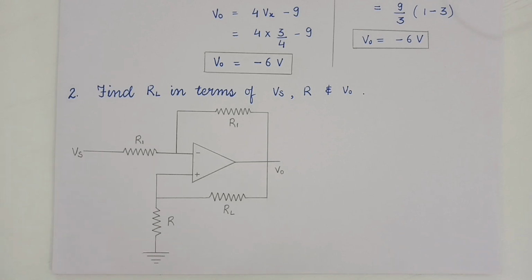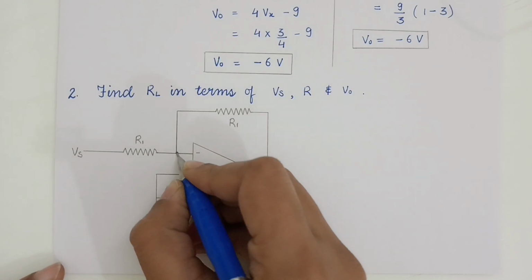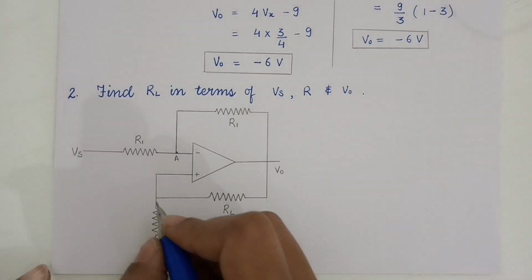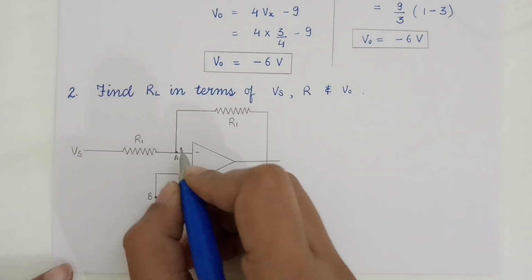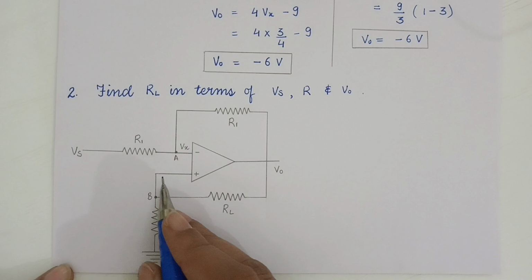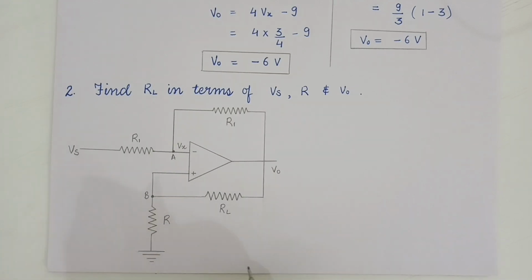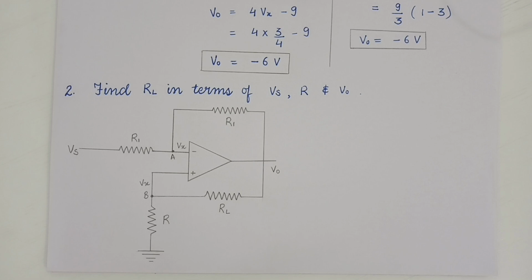Now let's first mark the points. Let us say it is point A, this is point B, and let us say the voltage at point A is Vx, and similarly with the concept of virtual ground, the voltage at point B is also Vx. Now let's mark the current.